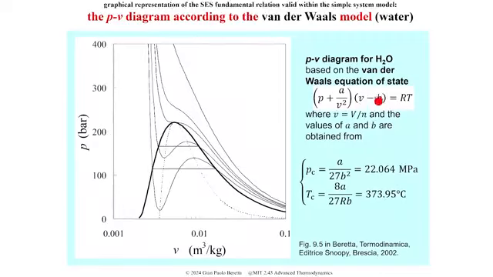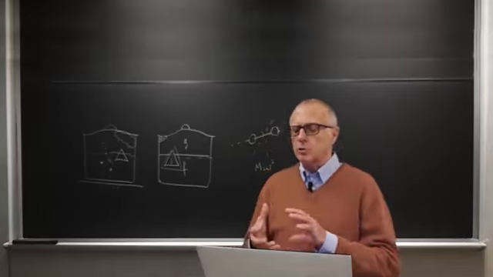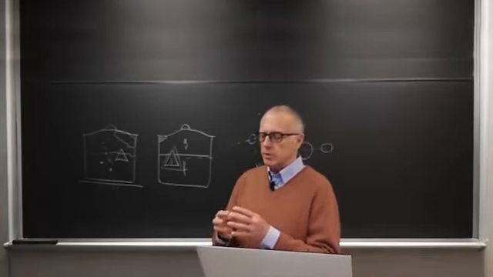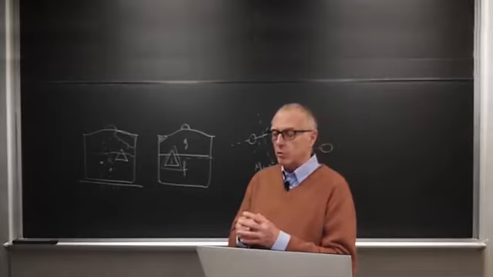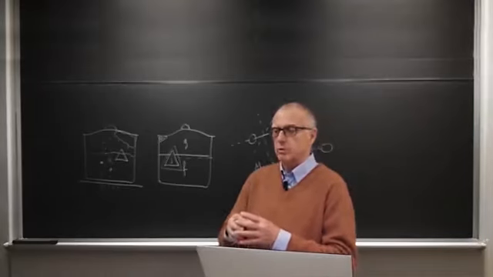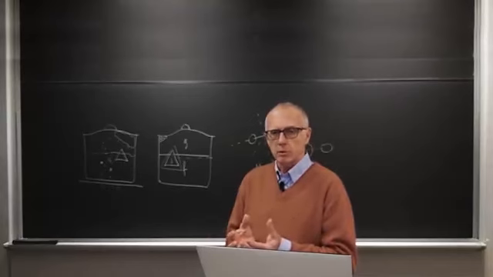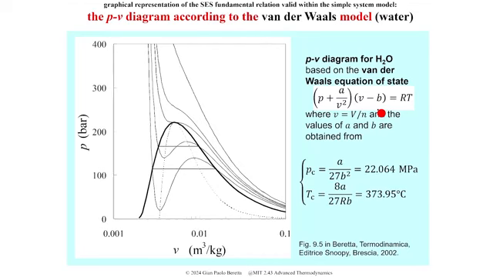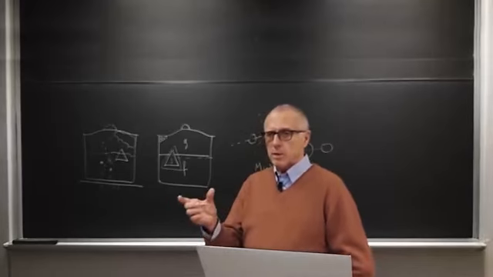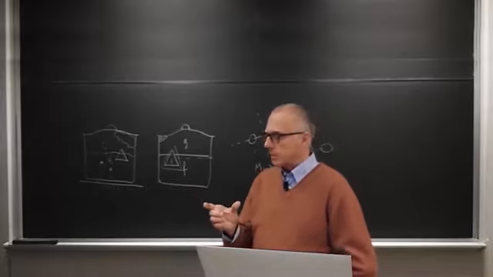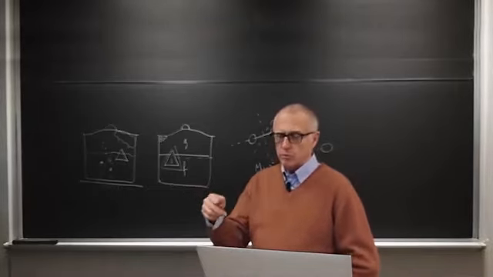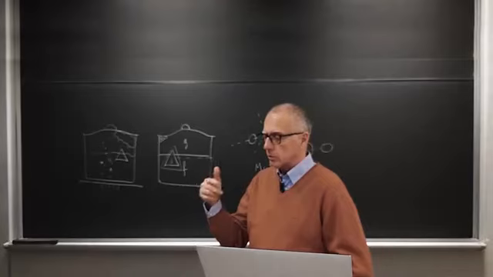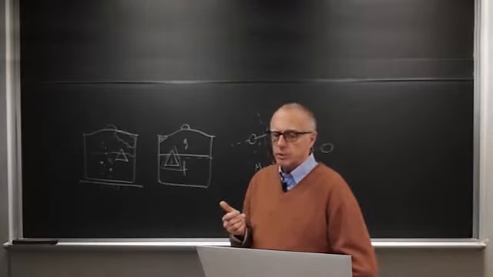correcting the volume, subtracting the co-volume, so it's essentially something that represents the volume not available to the particles because the particles themselves occupy some volume. And this one has to do with the attractive forces that are important, and we'll return to this, for example, when we talk about the Lennard-Jones potential.